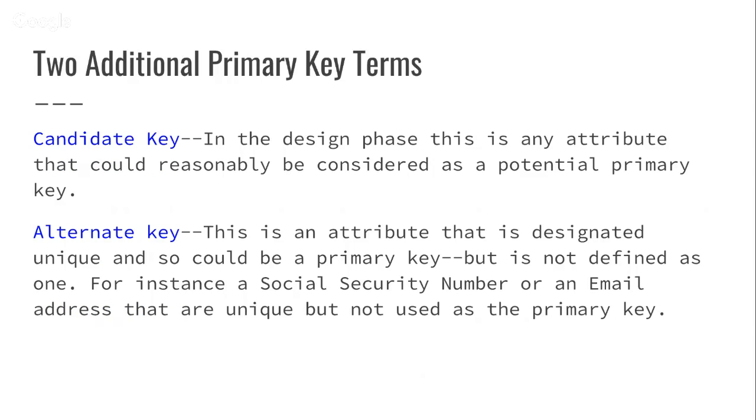There's a couple of other keys. Again, these don't matter. Candidate key just means something could be a key, but you didn't make it a key, so I'm not sure if it's really a key. It's just something that could reasonably be considered a potential key. And an alternate key is any field that you designate as unique. For instance, you could have a numbered primary key, but you could put a unique constraint on emails.